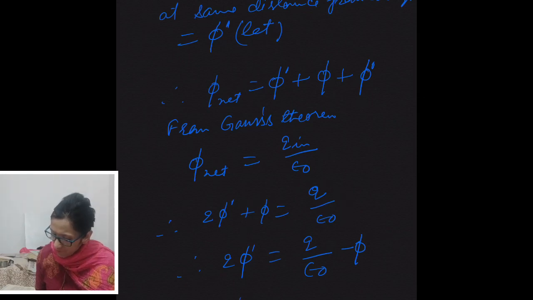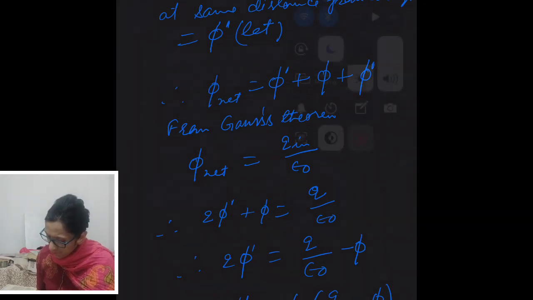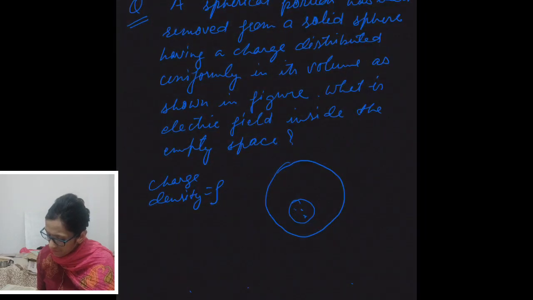Therefore, 2 phi dash is equal to Q by epsilon naught minus phi, and therefore flux through surface A is equal to 1 upon 2 into Q upon epsilon naught minus phi. This is how you will be finding.